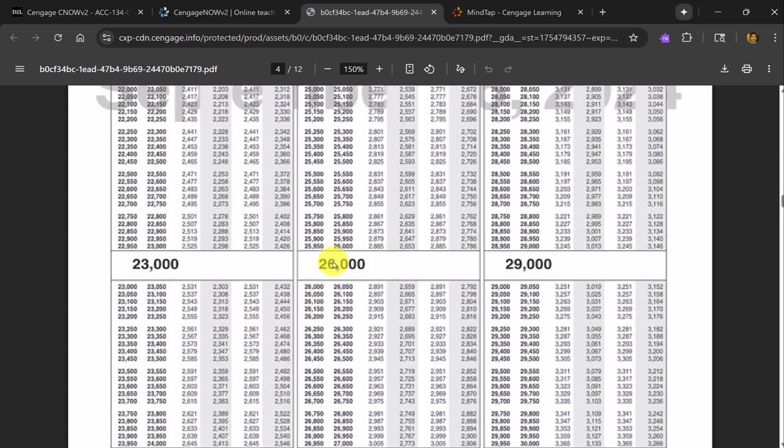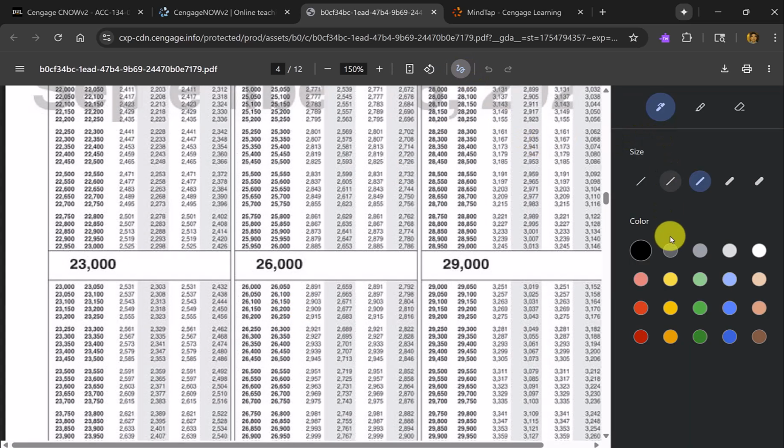Here is 26,000. And you're going down these two columns looking for 26,200. Let me see if I can draw here. Let's go red. 26,200 appears here and here.